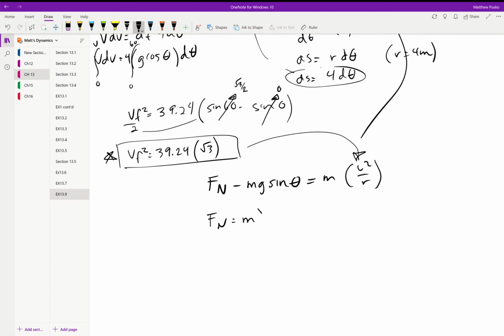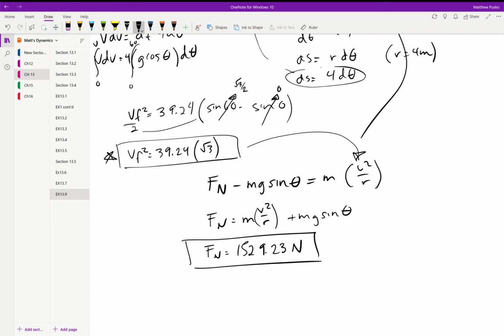So m times v squared over r plus mg sine theta, and we could factor an m out if we wanted to. But we get 1529.23 newtons.